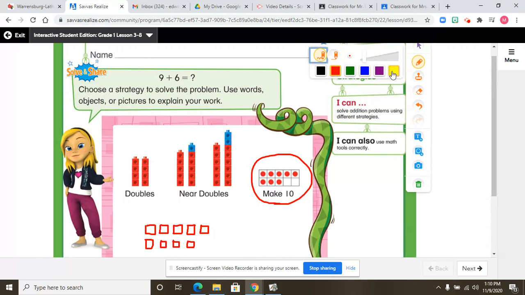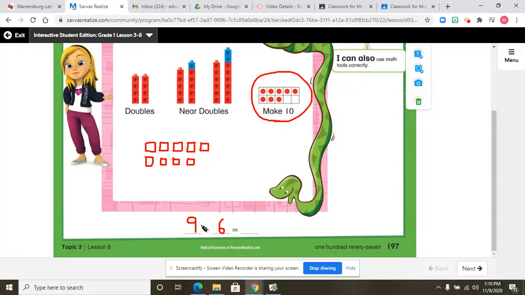Now we have 9 plus 6. Okay, so if this was a 10 frame, we'd only have one space left. So we'll take 1 out of 6. We'll put it there. So now we have 10. All right. So if you take 1 away from 6, you'll have 5 left. So then we'll put these 5 underneath.